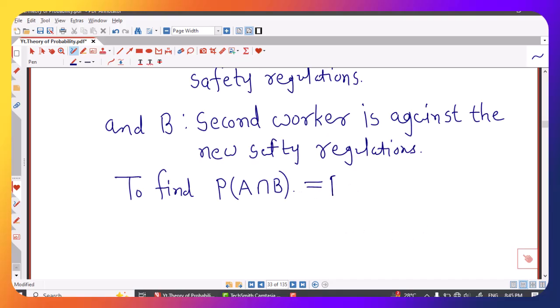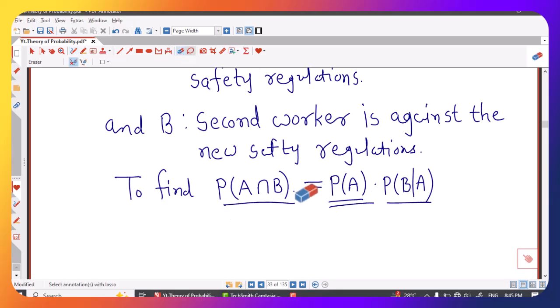We know that this is given by probability of A times probability of B given A. So first I have to determine these two probabilities, and then I will be able to determine the probability that both workers will be against new safety regulations.